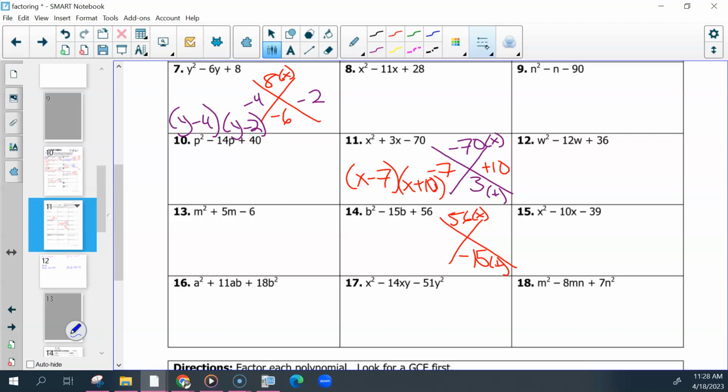What two numbers did we find? 8 and negative 7 work. B minus 8 and B minus 7.